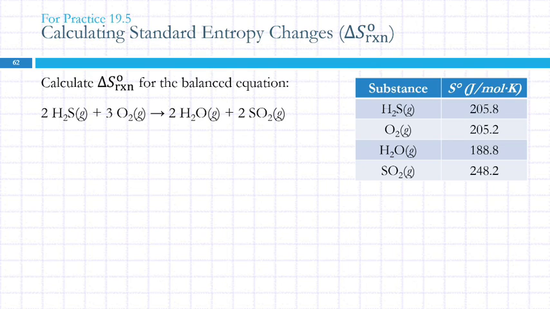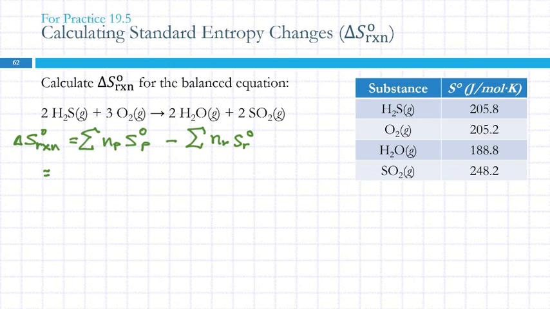Okay, so calculate delta S for this reaction. So delta S, delta is final minus initial. We're looking at the entropy of the final thing and subtract the entropy of the initial thing. So this represents the total entropy of the products minus the total entropy of the reactants.